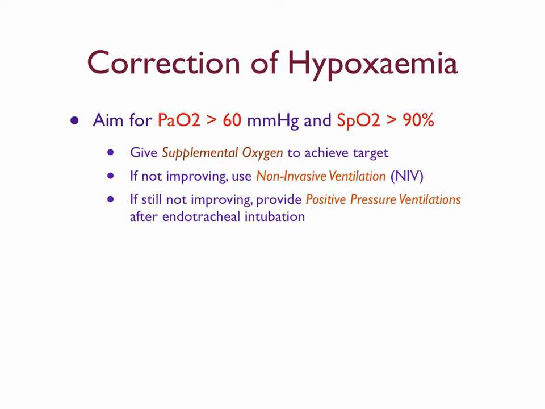If we have given high levels of supplemental oxygen already, for example, if we have used a high flow non-rebreathing mask and maximum oxygen flows, and we are still not able to achieve the SpO2 of more than 90%, then it is time to give oxygen under pressure, by using non-invasive ventilation, or if they're still not improving, by providing positive pressure ventilation after endotracheal intubation.